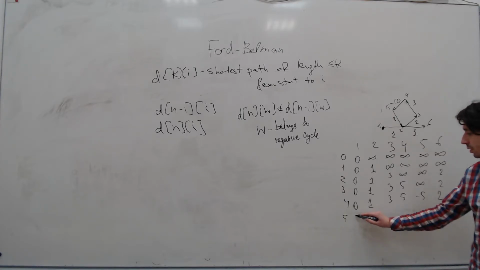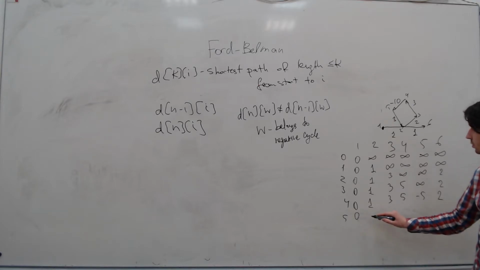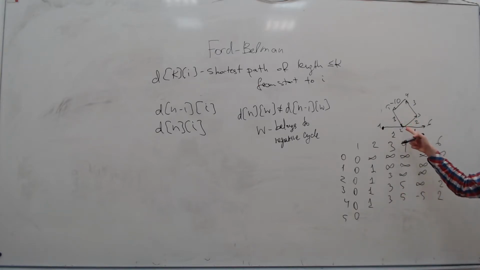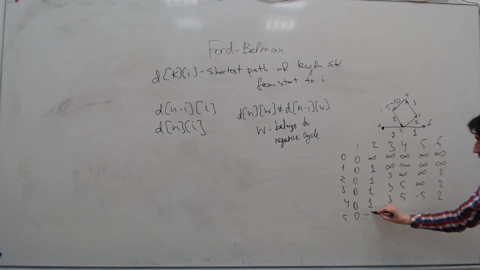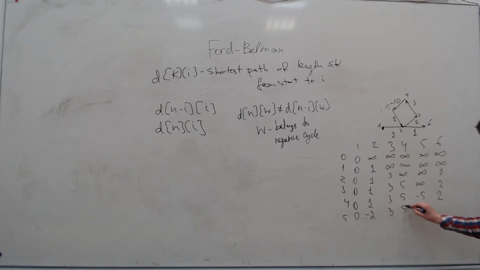So 2 will be updated. It has -5 in 5, and it is updated to -2 at 2, and everything else stays the same.